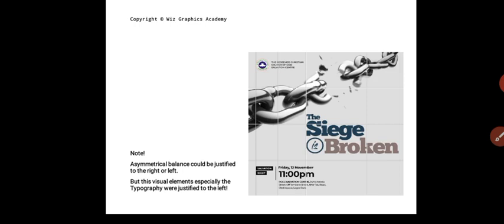All right, so this is an asymmetrical balance design. Okay, so you can go through my Instagram page and check out designs that are in asymmetrical balance. Go through them and you will learn a lot from them.